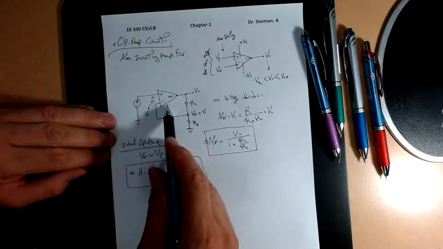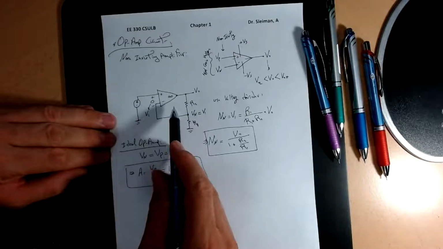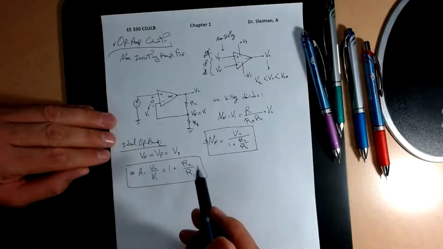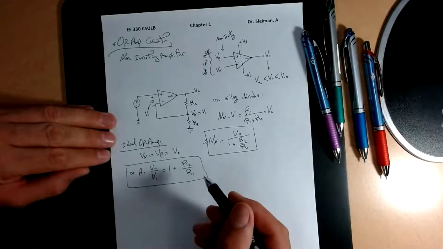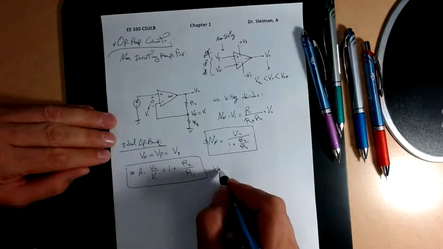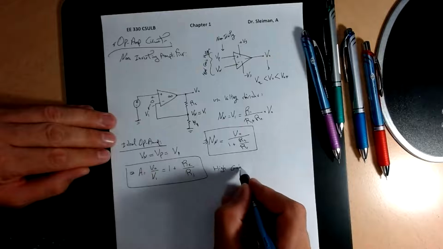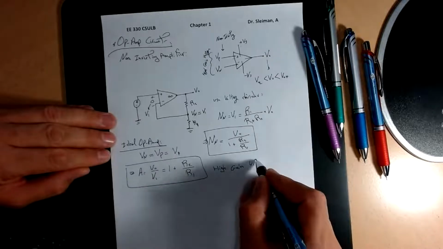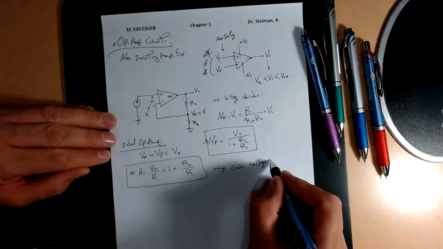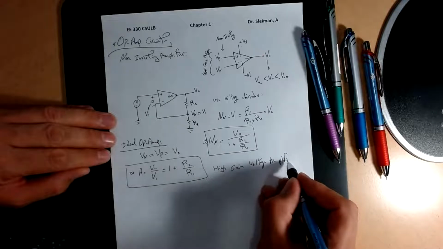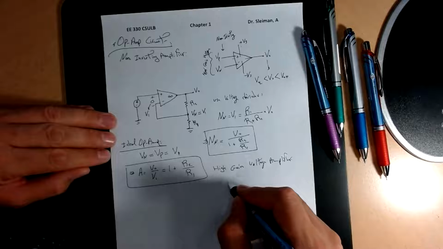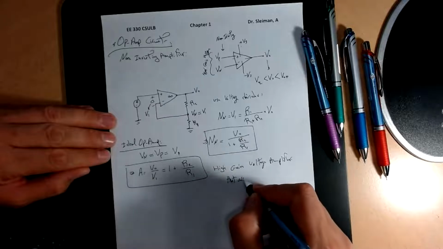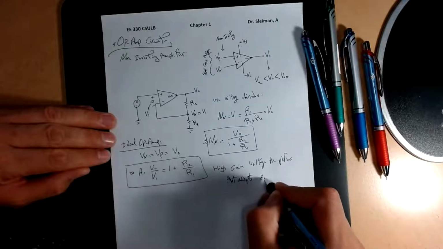Most likely, if we put those devices together with the op amp, we will accomplish a high gain voltage amplifier that accepts 2 inputs.